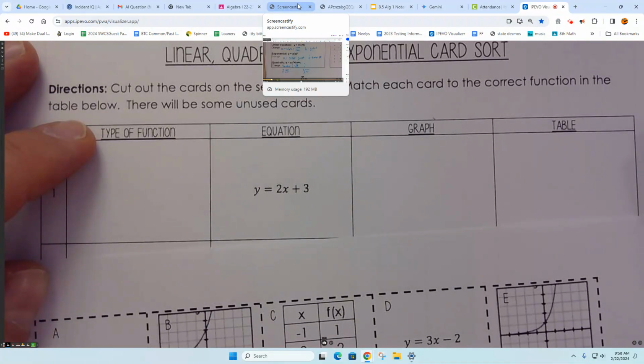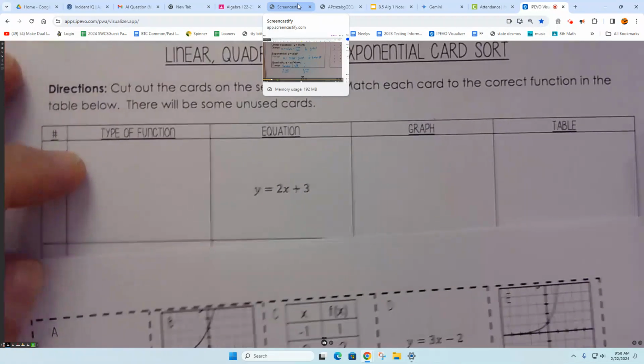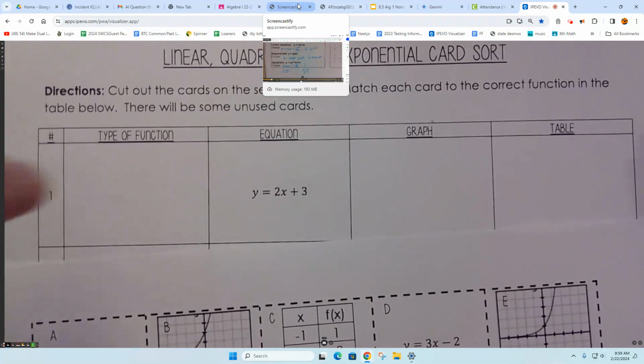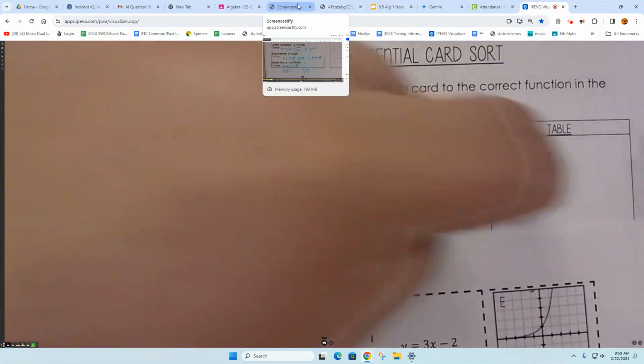You could, but I don't think you need to. There's no explanation on this. You just have to write the letter here. So for the type of function, just write linear, quadratic, or exponential. You're going to write one of those words there and then put letters here.